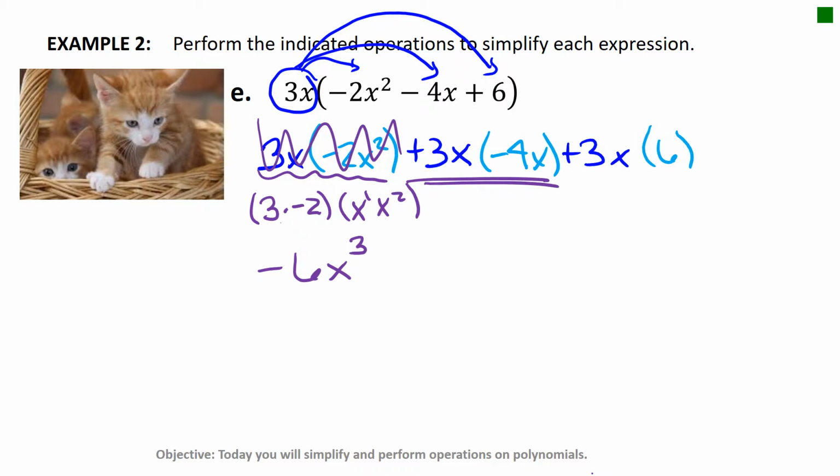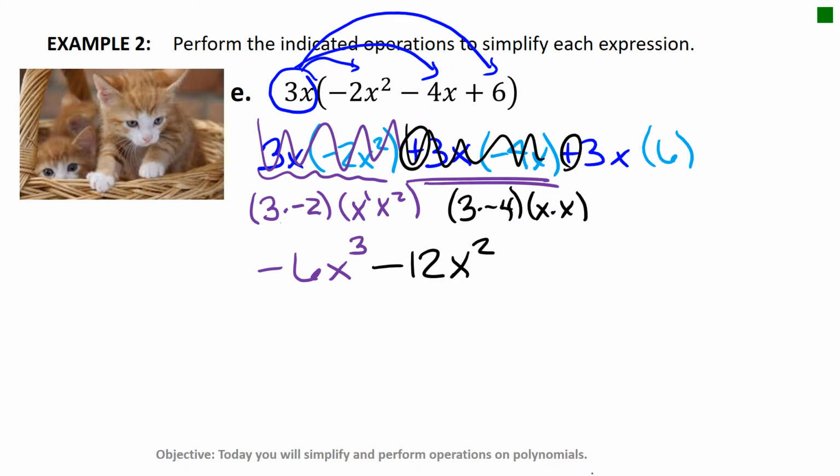Remember, terms are separated by those pluses. So here I've got a 3 and a -4, and I've got an x and an x. So 3 times -4 is -12, and that gives me 2 x's in that house. Done with that. Now here, this last term, I've got a 3 and a 6 and just an x. 3 times 6 is 18 with an x.